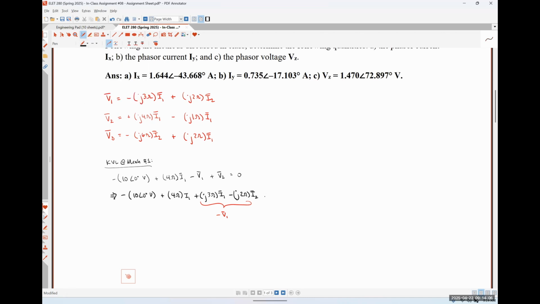And then I'm going to do plus V2. So that's j4 ohms times I1 minus j1 ohms times I1 is equal to 0, where this part right here is just plus V2.